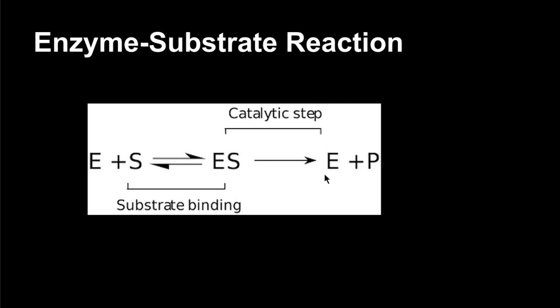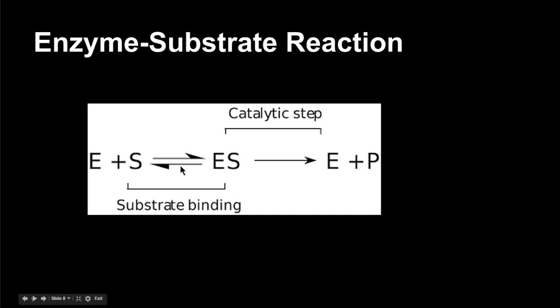But a lot of times what biochemists do is we don't really look at the reverse of this, because we just assume that we're starting a reaction from the very beginning and we don't have any product yet. So therefore this equilibrium will just be going towards the product, right? If I don't have any product, this reaction is just going to move in this direction, so I don't really worry about this other arrow going back.